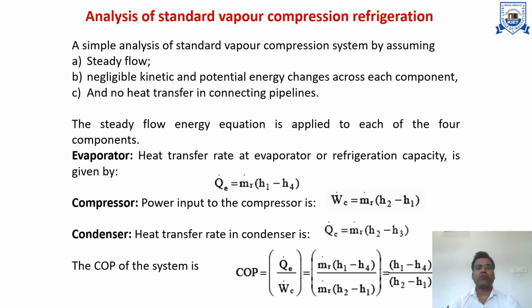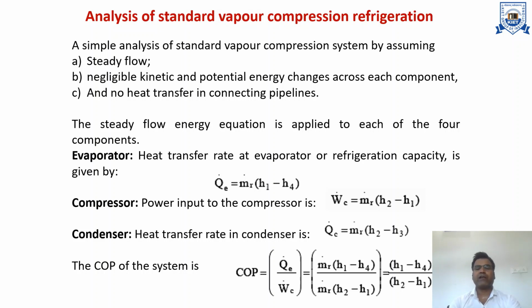The COP, the coefficient of performance of the system or cycle, is the refrigerating effect divided by the work input. So it is m_r times (H1 minus H4) divided by m_r times (H2 minus H1), where H4 is equal to H3. The m_r cancels out.